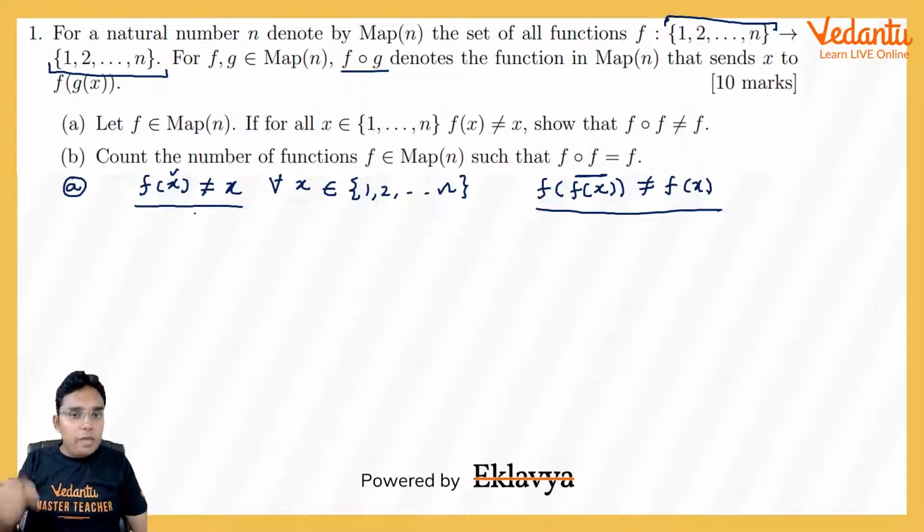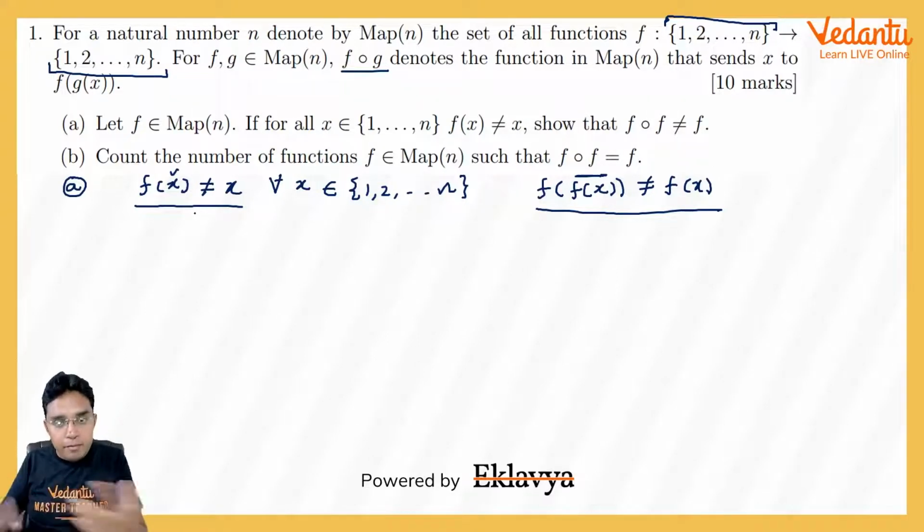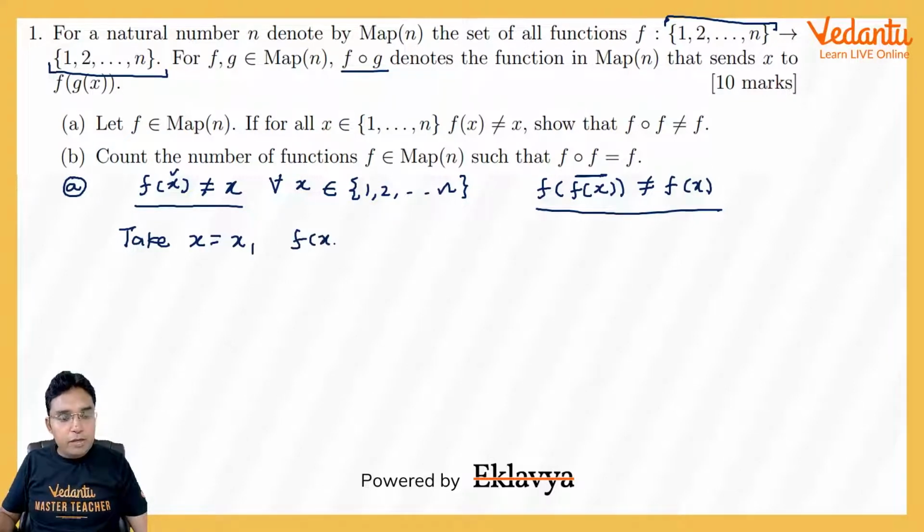Now to show it in a better way, I will take x equal to x1. Then f of x1 will be lying in that codomain only, some element from this 1, 2 and so on up to n. f of x1 will be from this set only.